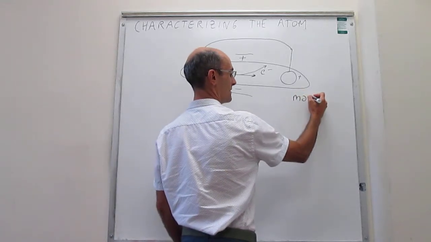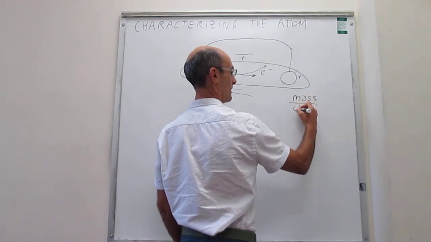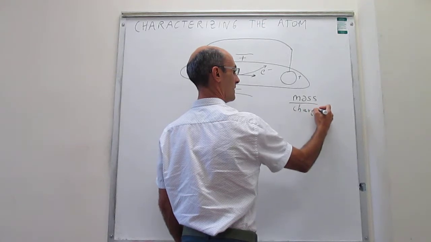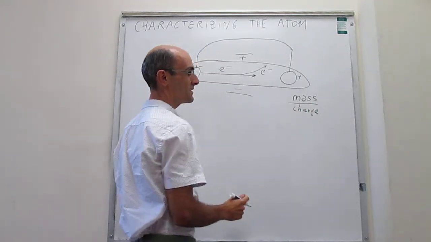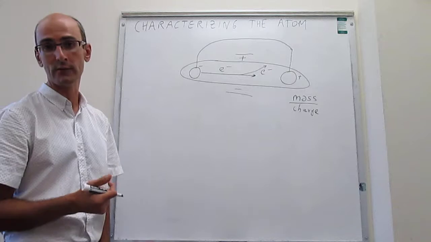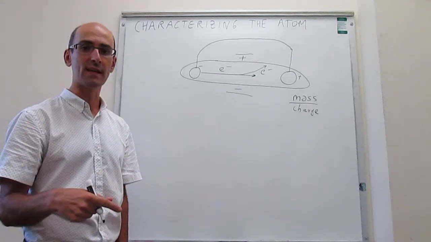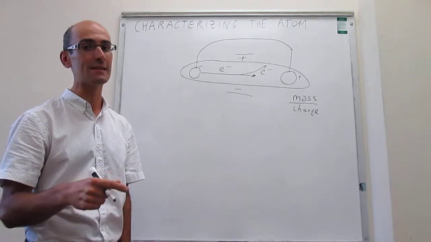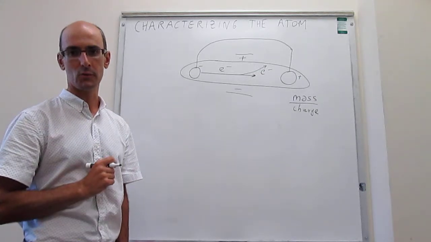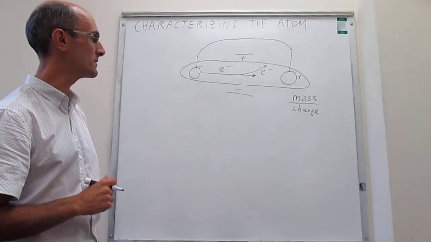So the mass of the electron divided over its charge was known from Thomson's experiment. They didn't know exactly how much the mass was or the charge. It was negative, but nothing was known about the size of the charge; they knew only the ratio of those two. That is really interesting.